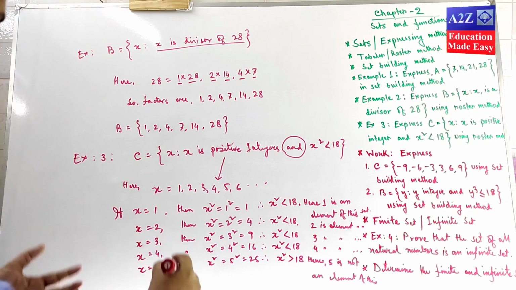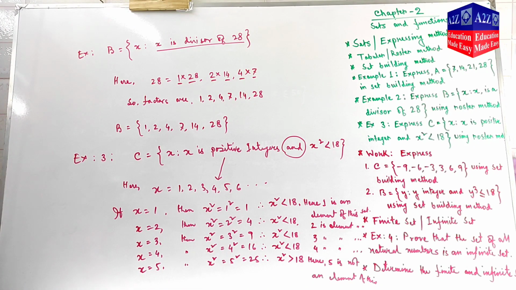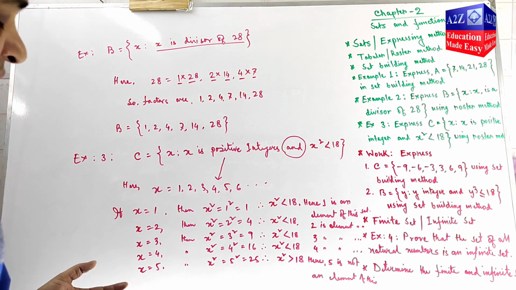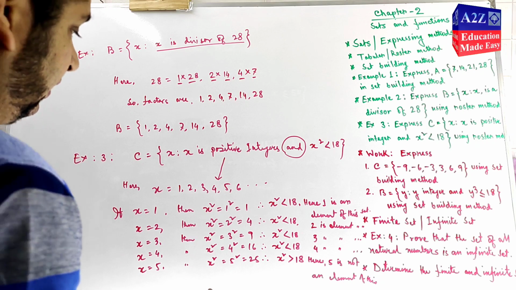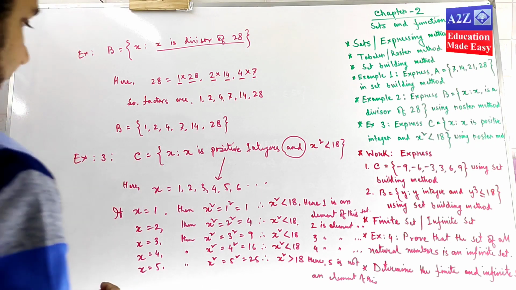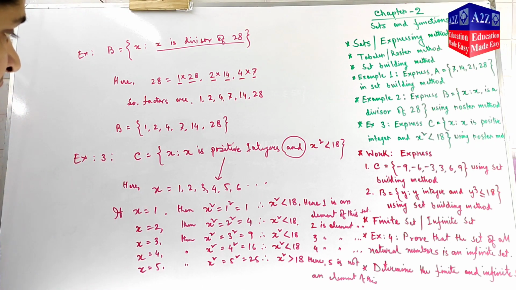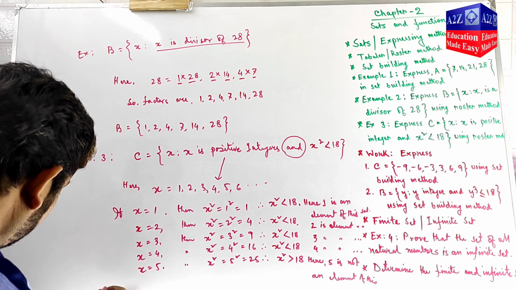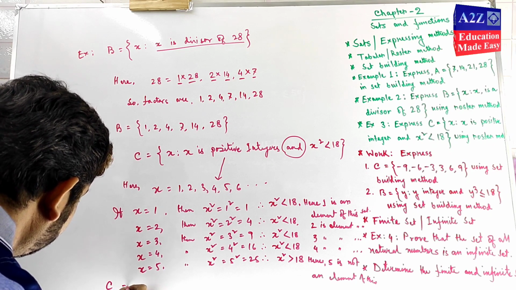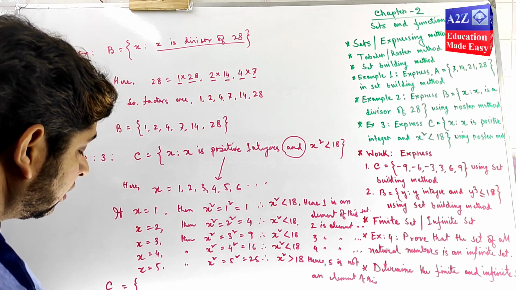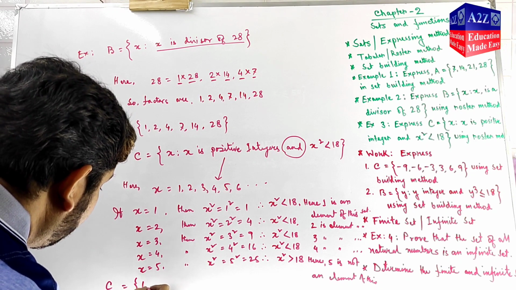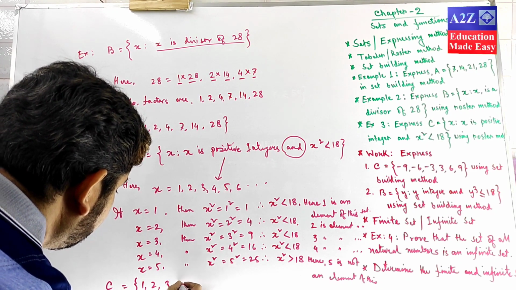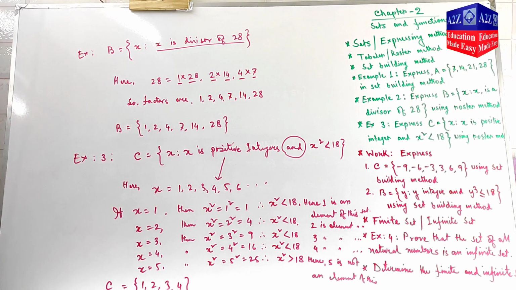If I go further, say x equals 6, then x square will be 36, which is also greater than 18. So we should not go further. We have already found our answer. Then I prepare the set using the list. The elements of C would be 1, 2, 3 and 4. This is the answer. I hope this is very clear to you all.